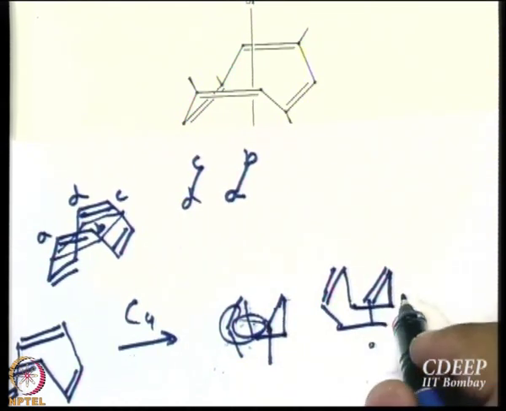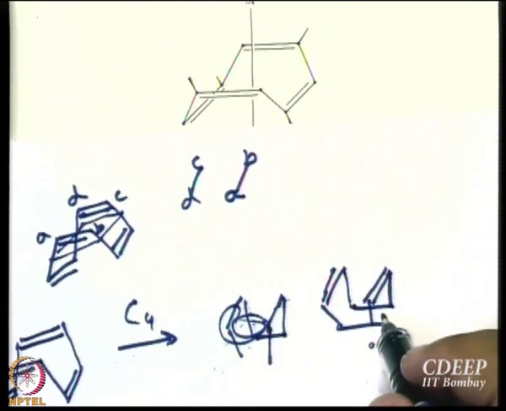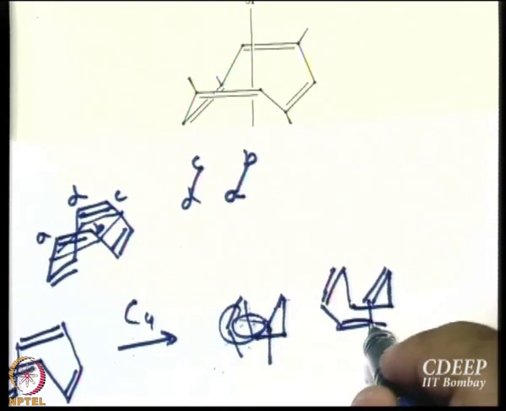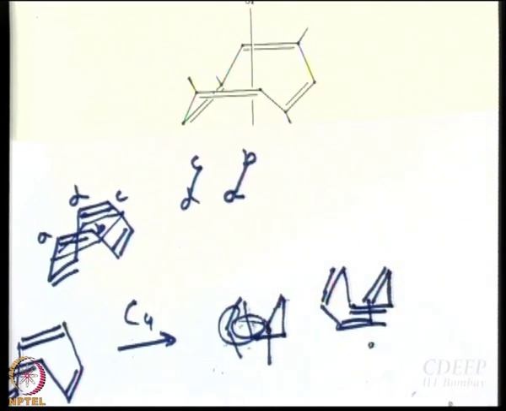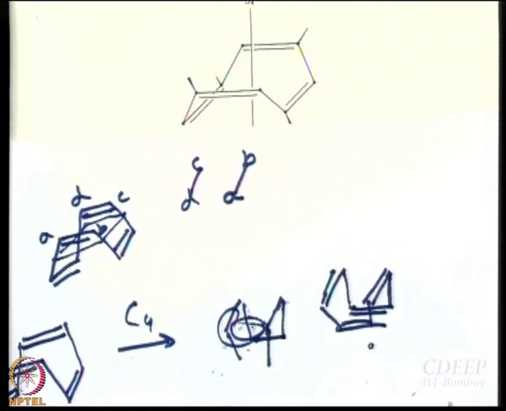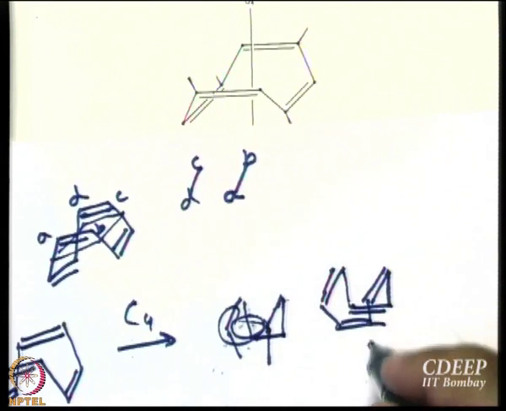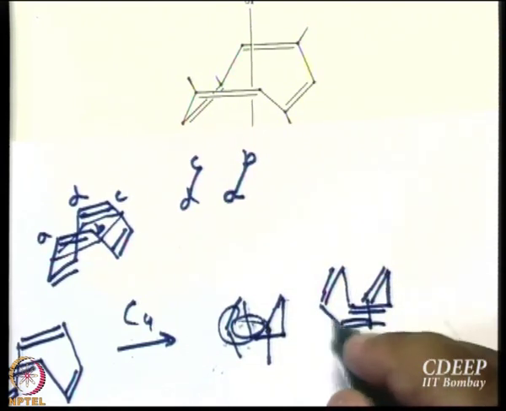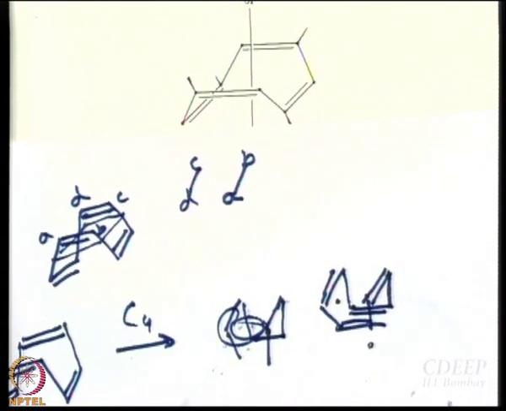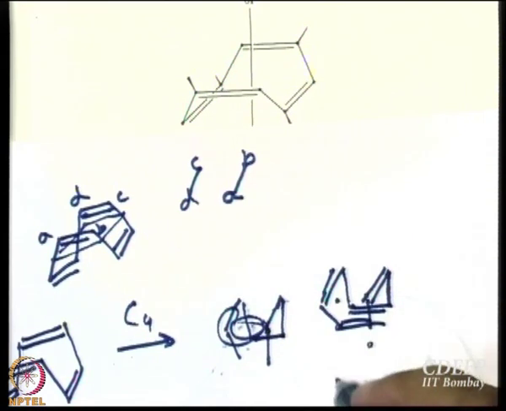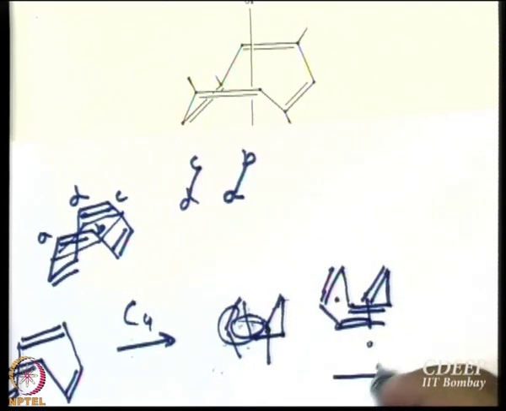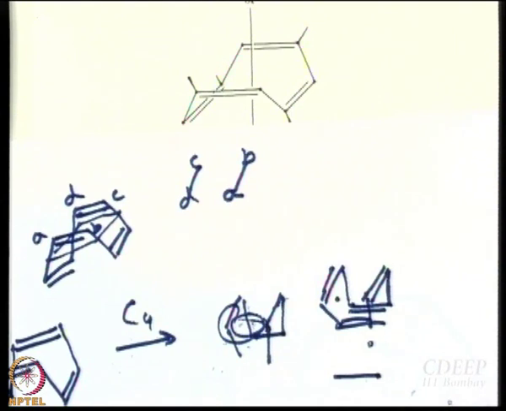Well, that's what it is. And now if you reflect, then what happens? If you reflect along a plane that is perpendicular to the axis, then again this will come up, this will come up. So earlier you had a bond in this orientation, again you have a bond in the same orientation. I wish I had got the model, it's very easy to see in the model. Okay, so this is an S4 axis.